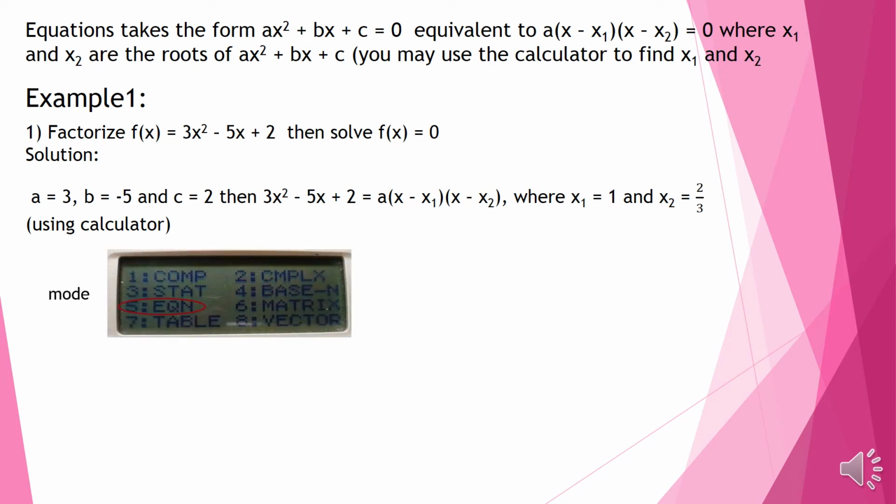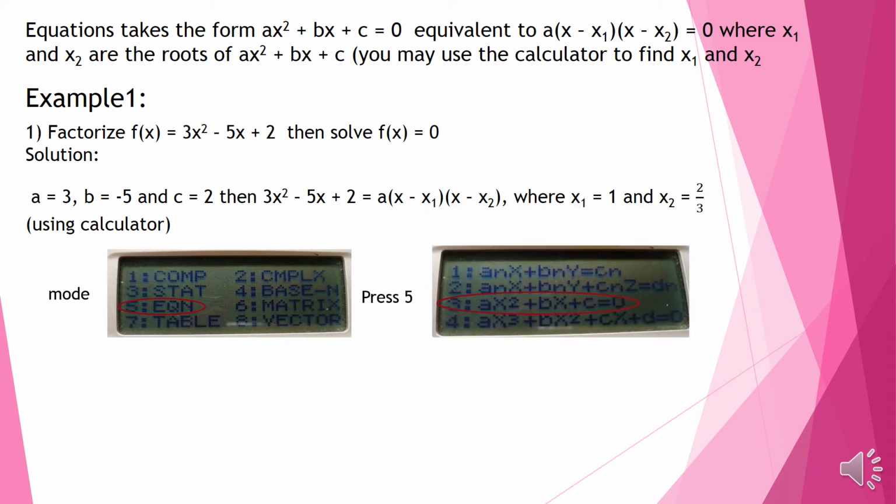To use the calculator and find x1 and x2, press MODE. We get on the screen 1 COMP, 2 CMPLX, and so on. Here we press 5 to solve the equation using the calculator.